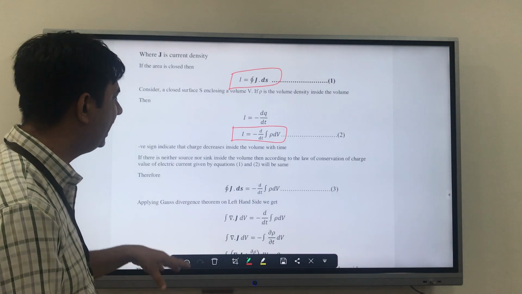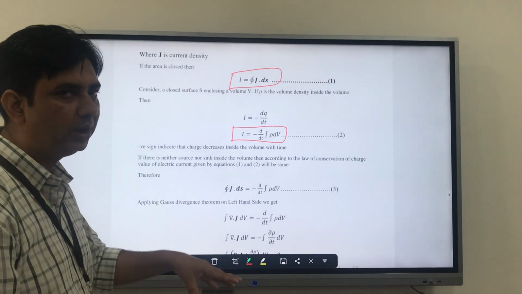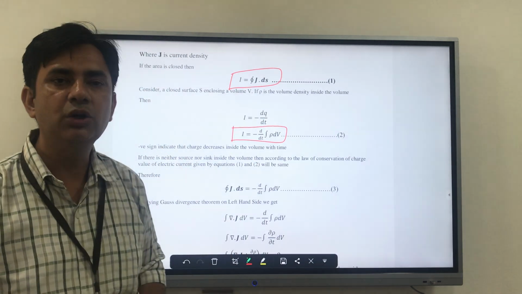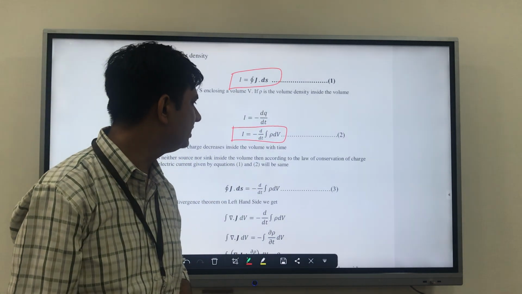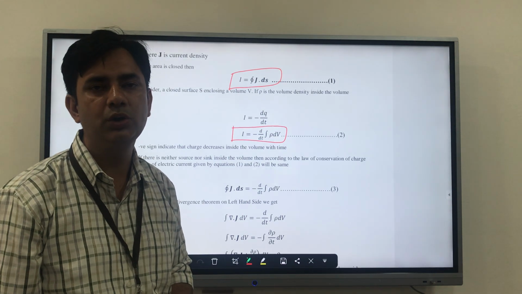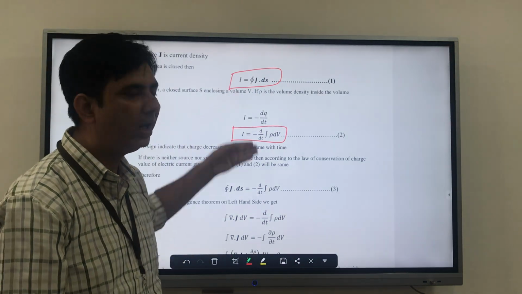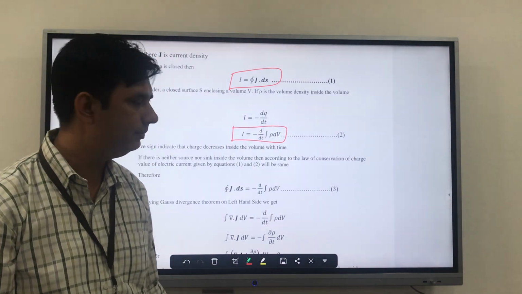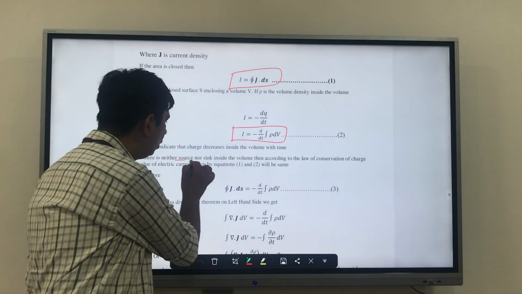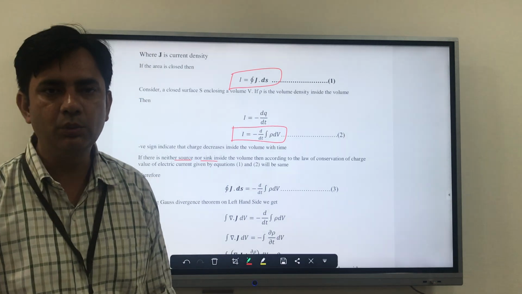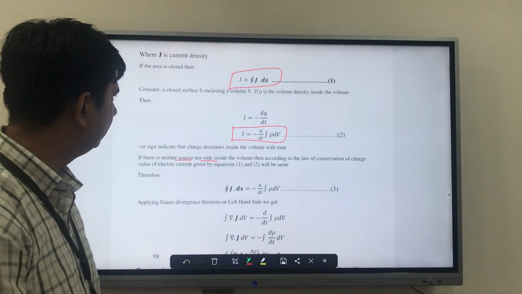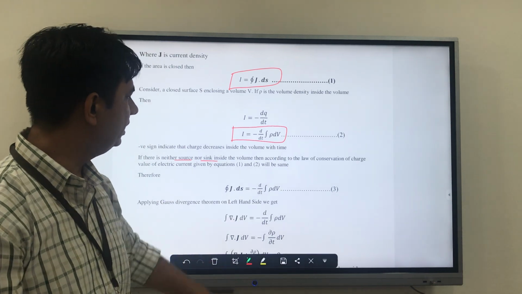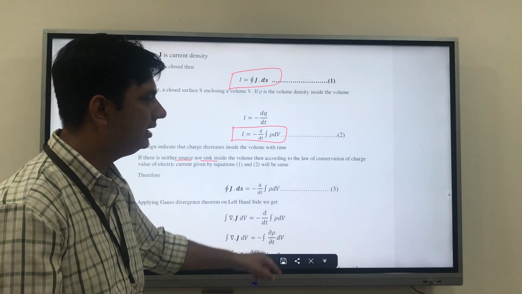Then from equations 1 and 2, I is equal to the closed integral of J dot ds and I is equal to minus d by dt of the integration of rho dv. Both equations are the same, because we don't have any source or sink. So my closed integral of J dot ds is equal to minus d by dt of the integral of rho dv.